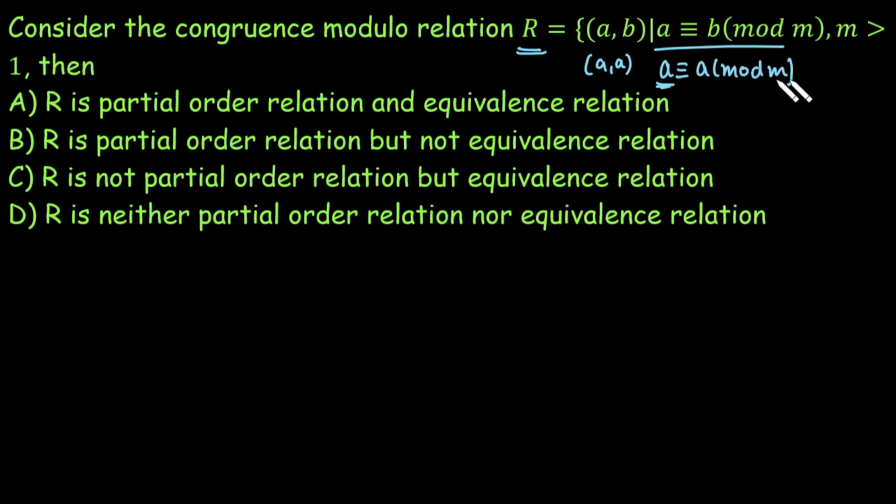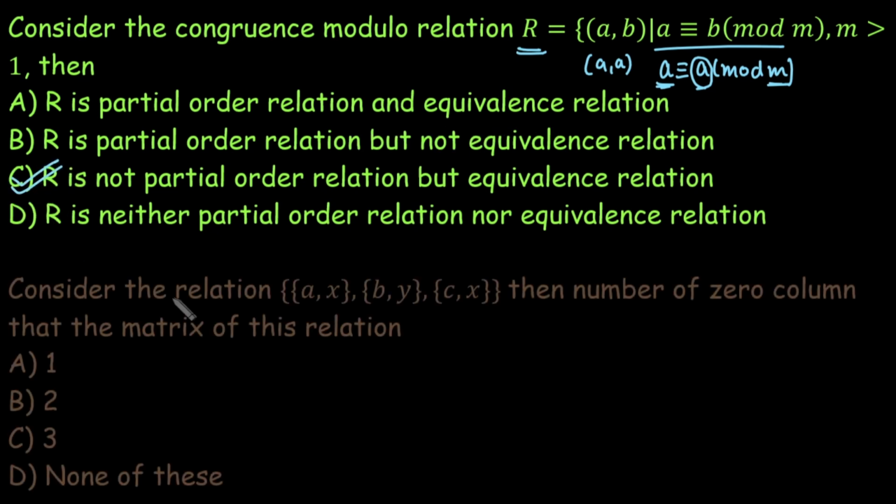If this number is divided by M, whatever remainder we get in this case, the same remainder we will get in this case. So it means they are congruent. Similarly, you can go with symmetric and transitive. I have given the link in the description; a brief overview of this is given in that video. So this relation R is always an equivalence relation but not a partial order relation, and hence option C is correct.